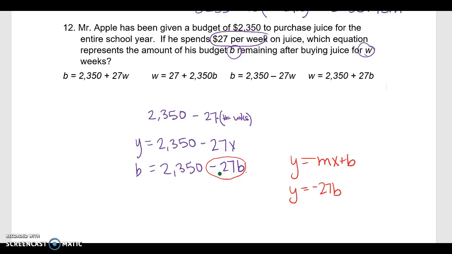So is 2,350 positive or negative? Positive, it stood on its own, okay? So plus 2,350. So which option do you see as the best choice? All right, great job. Hopefully you chose B equals 2,350 minus 27X.